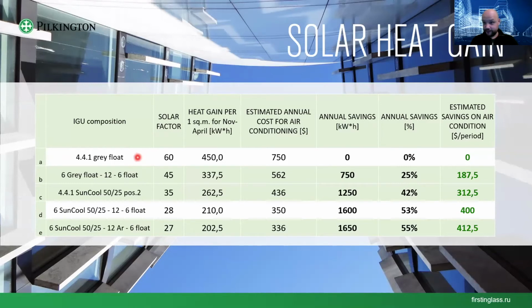So laminated with the gray glass. And then we compare them by the solar factor we're going to have in the end. Basing on how much solar heat is falling on 1 square meter, we can estimate the heat gain from November to April, and we can see how much the air conditioning costs.